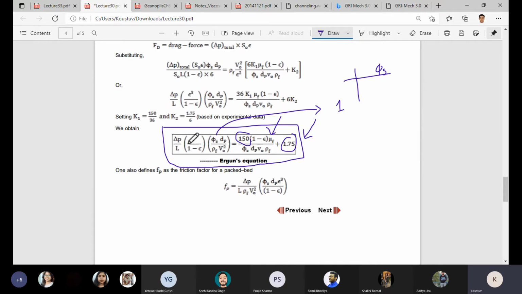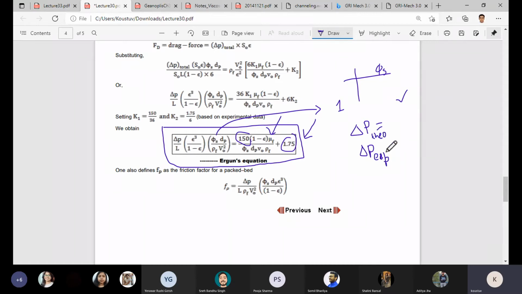Delta p you are measuring from experiments in the packed bed, and you also have the data available with you, for example rho, epsilon, dp, phi s. So one is the experimental delta p and one is the theoretical delta p.